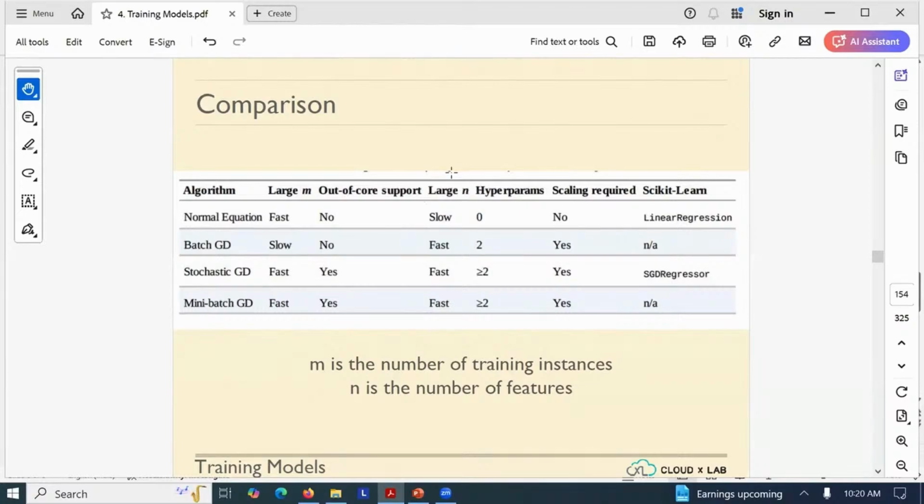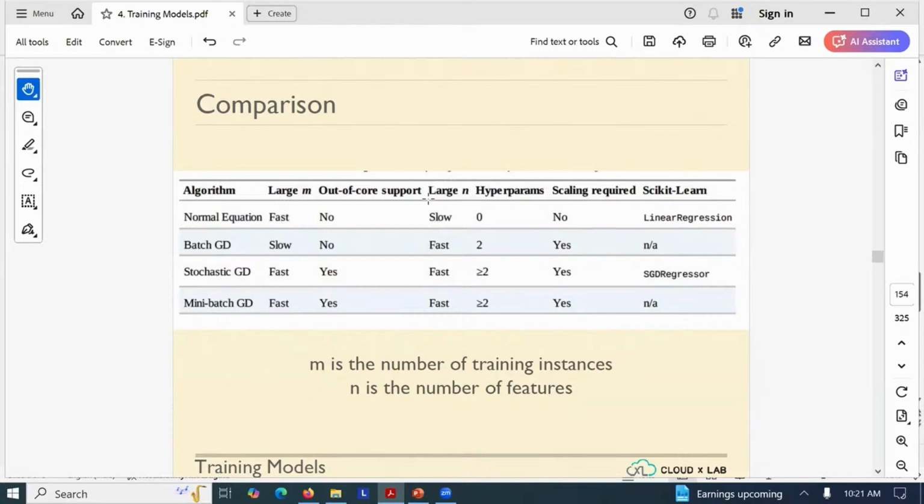Okay, for large n, if the number of features is large, we will not use the normal equation, because here we have to invert a matrix of size n by n. It will make the matrix inversion process very slow. So therefore we will not use the normal equation. But yes, if we have a large number of features, then we can use batch GD, SGD, or mini batch GD, depending upon the number of examples, right?